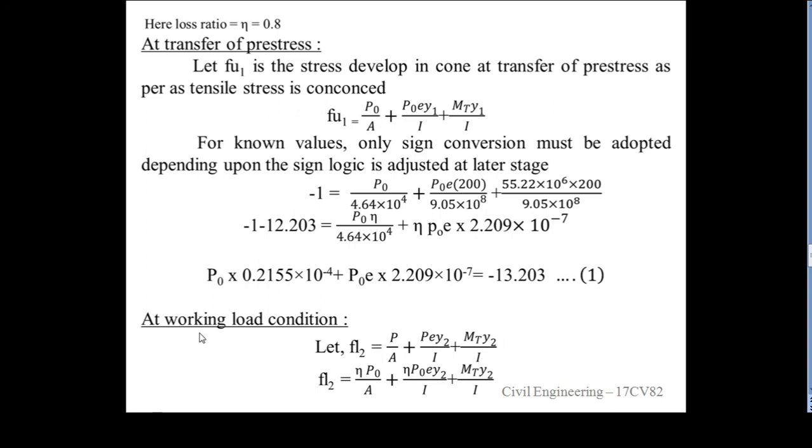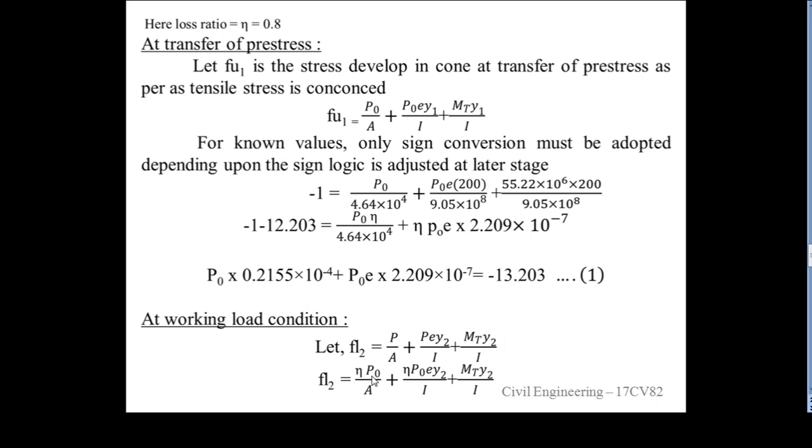Then at working load condition, at transfer load condition we took the top fiber stress, but at working load condition at the bottom we are getting a tensile stress. Let FL2 is equal to P by A plus PE by 2 divided by I plus MT by 2 divided by I. Then FL2 is equal to nu P naught by A plus nu P naught E by 2 divided by I plus MT by 2 divided by I at the bottom.